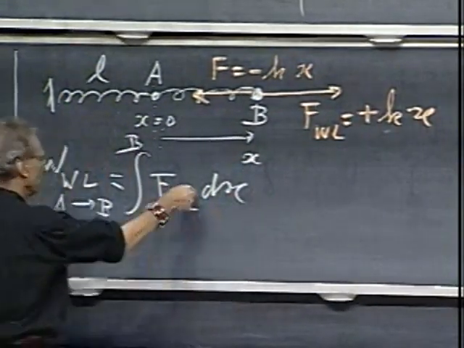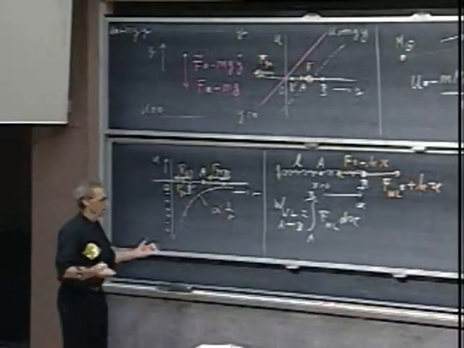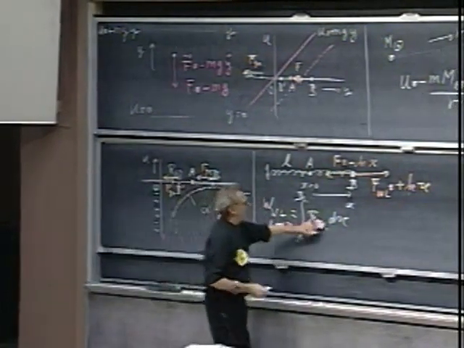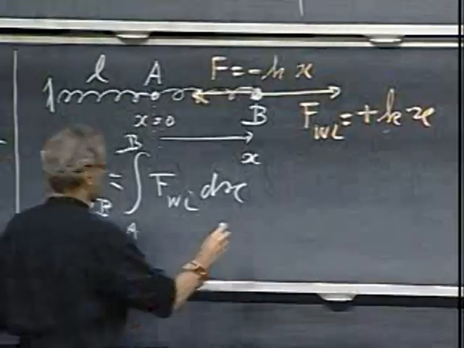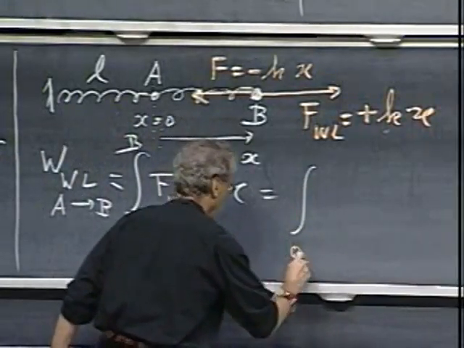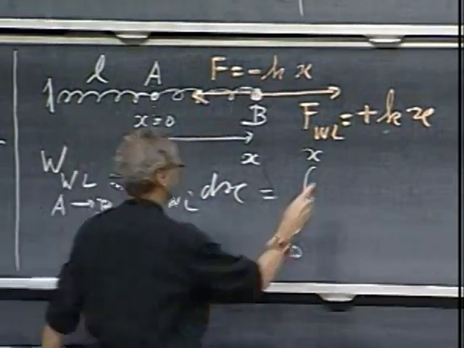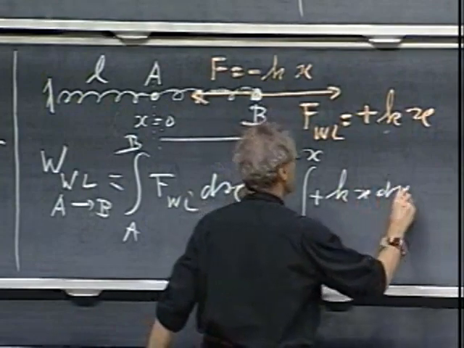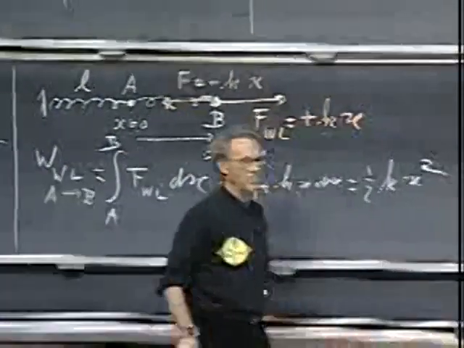It's a dot product, but since the angle between the two is 0 degrees, the cosine of the angle is 1, so I can forget about the fact that it's a dot product. I move it in this direction. So that becomes the integral from 0 to a position x of plus kx dx, and that is 1/2 kx squared.